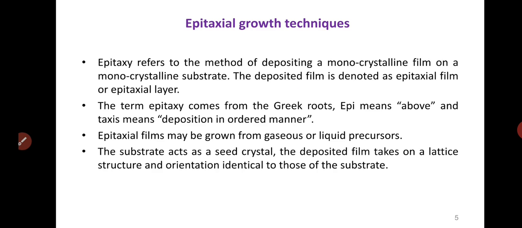Now let us discuss the second method, that is epitaxial growth technique. Now what do you mean by the epitaxial growth or epitaxy? The technique of growing an oriented single crystal layer on a substrate wafer is called epitaxial growth or simply epitaxy.